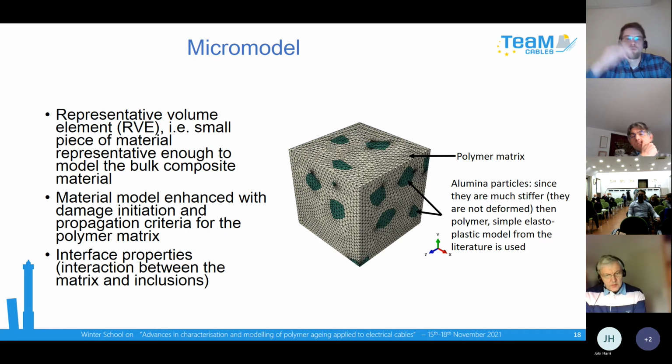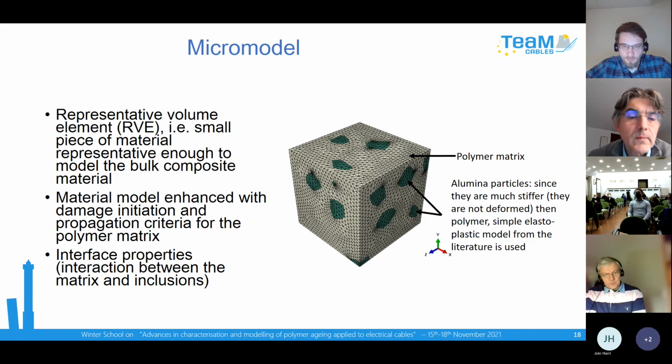Well, probably I was not exact saying that. So actually, we take into account, of course, the particles. I just wanted to say that the particles themselves do not have a complex material model. It's just a simple elasto-plastic model.